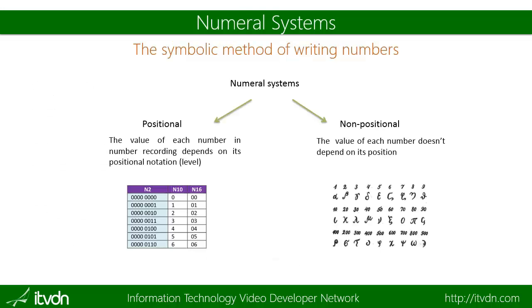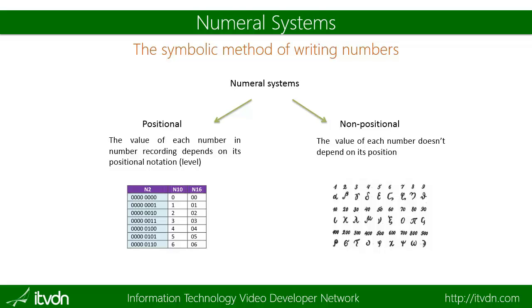Now let's take a look at numeral systems. Numeral system is the basic way of writing a number. These are different methods of writing numbers. It is divided into 2. We have positional numeral system and non-positional numeral system.